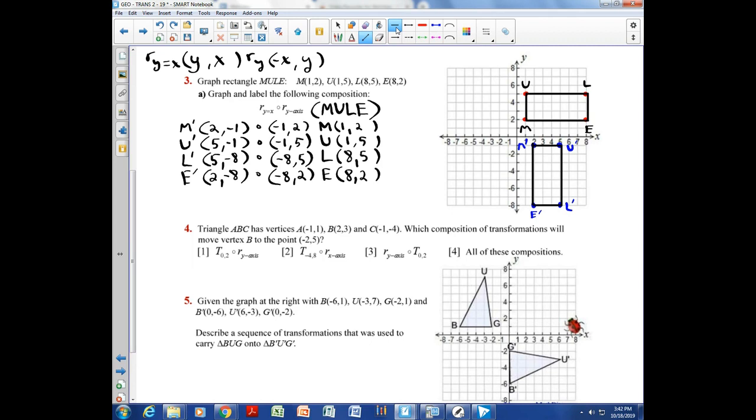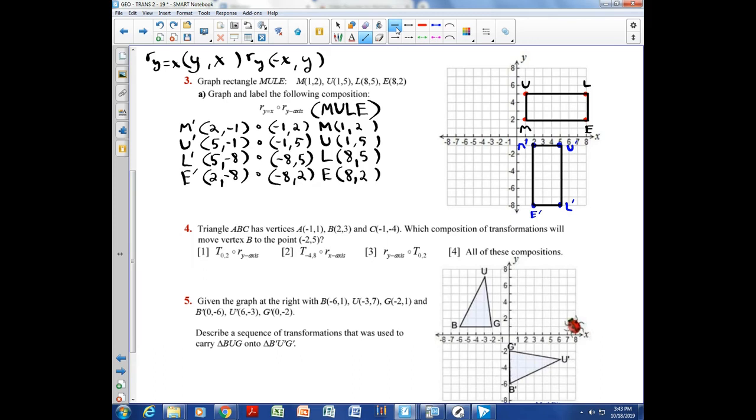And the answer to that question is yes. Can you figure out what that would be? If you look at all of the original points, 1, 2, 1, 5, 8, 5, and 8, 2, and you look at your primes, you might notice that one of the formulas that we learned actually took place in one shot.